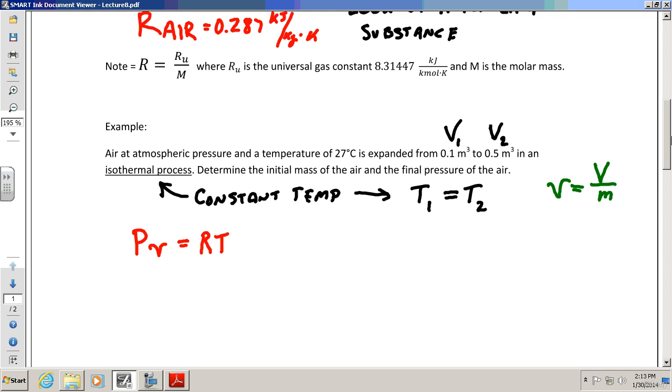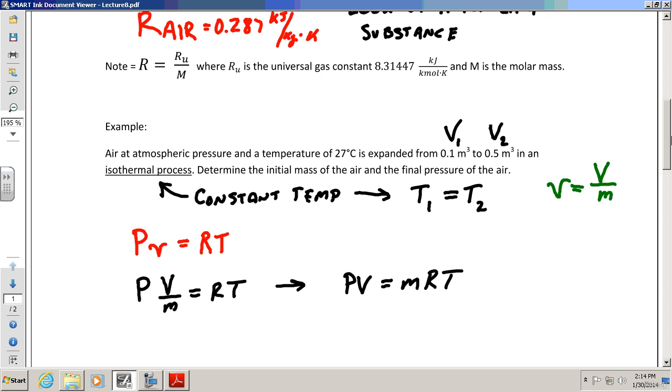If I make that substitution, I'm going to get P big V over little m equals RT, right? And obviously, I can bring the m to the other side, and I can say P big V equals mRT. And that's another form that we're going to use sometimes.